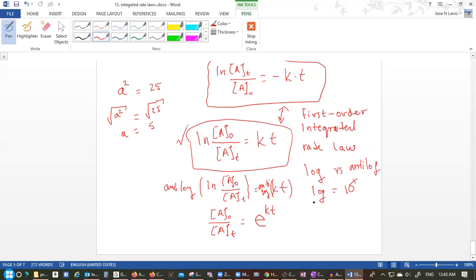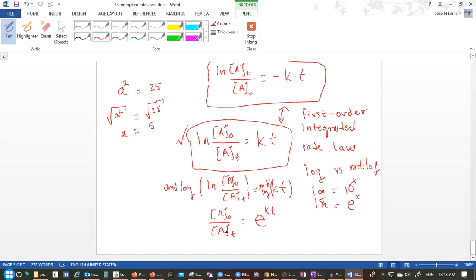And for natural log, it's going to be e to the x. Now we have this expression, and now we can work with this.